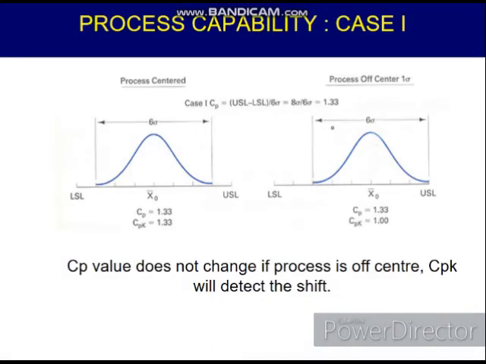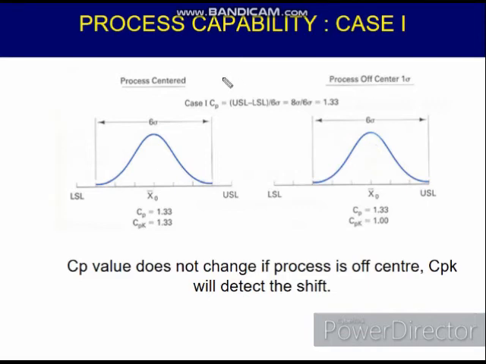Let's look at the difference between CP and CPK with some examples. So this is looking at case 1 that we discussed just now, where for this particular situation, the CP is greater than 1. For this case it is 1.33.